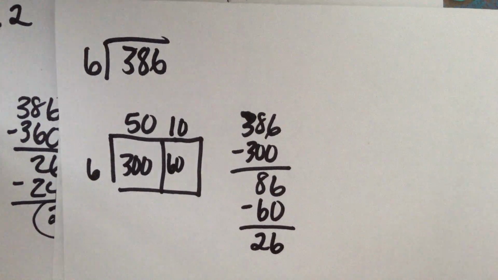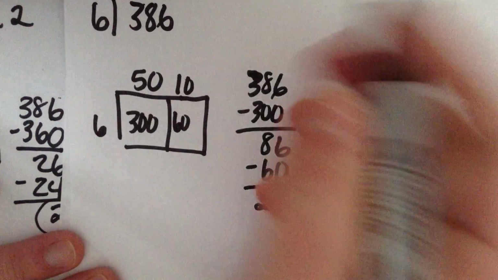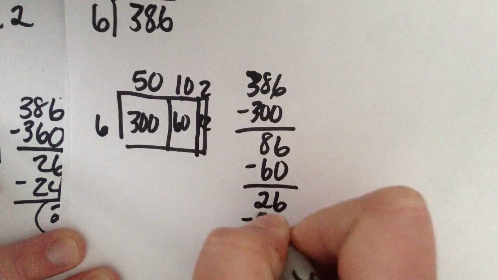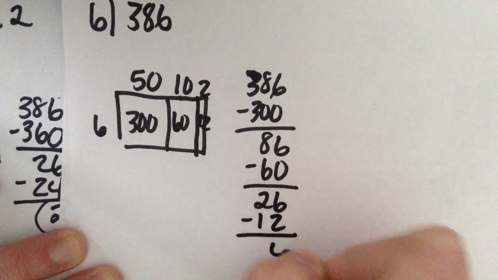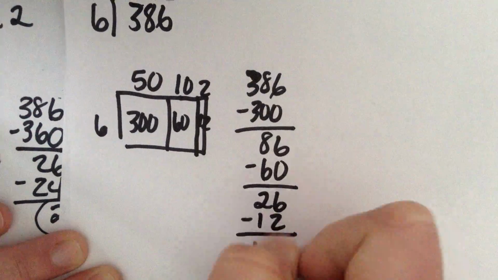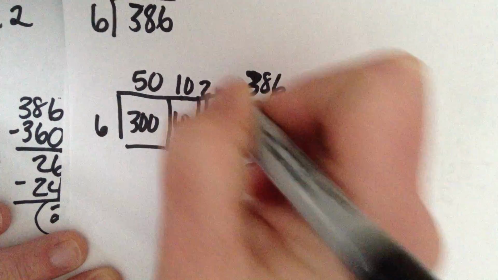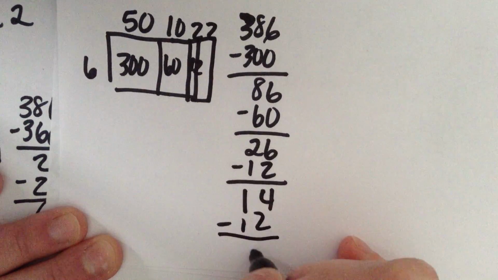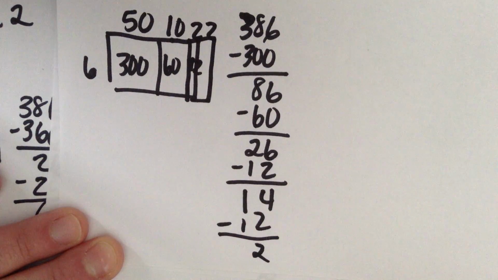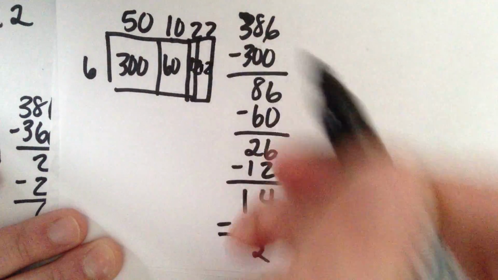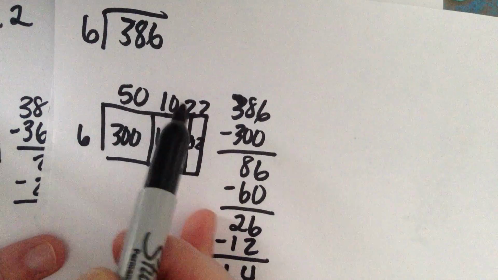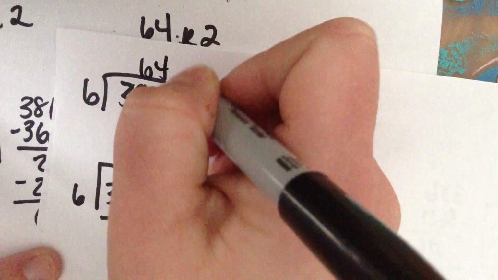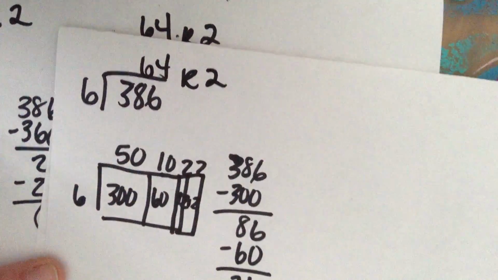Now, if you don't know that 6 times 4 is 24, you could say, well, I know 6 times 2 is 12, which leaves you with 14. And you could do 6 times 2 again, subtract another 12, and you've got 2 remaining. So you have the same thing. You've got 50 plus 10 plus 2 plus 2, which equals 64 with a remainder of 2.